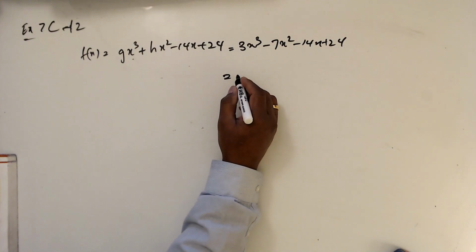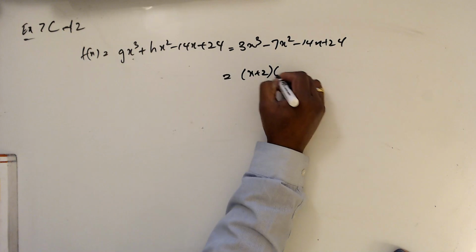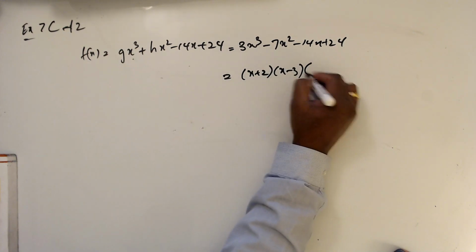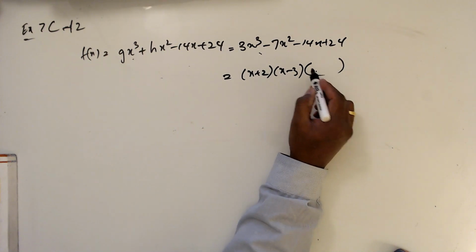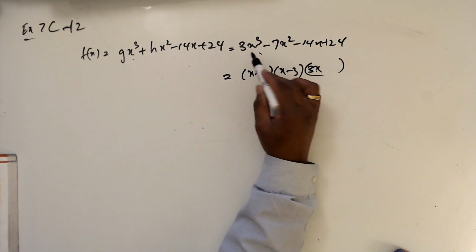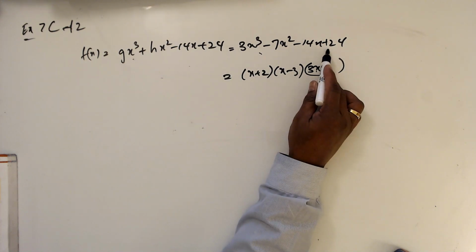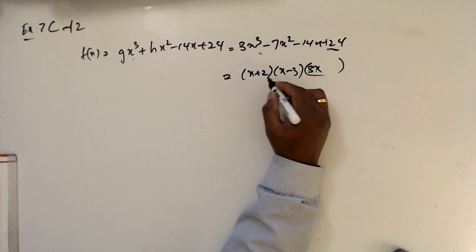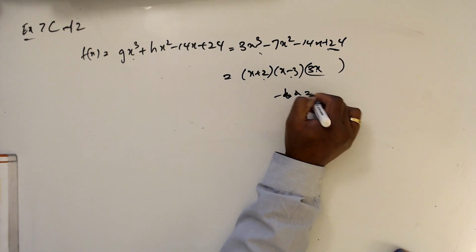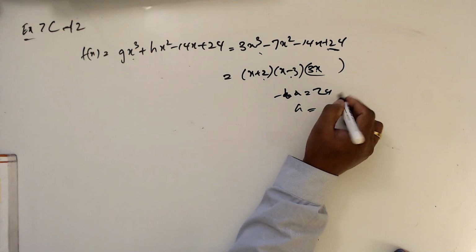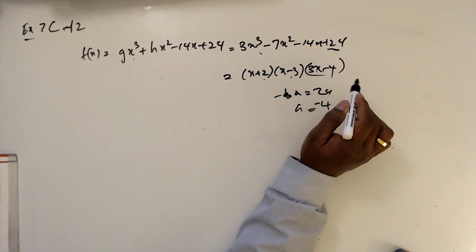Now this is equal to x plus 2, x minus 3 and another factor. You can guess this one by looking at it. So I'll guess 3x squared, because the other one has to be 24. 2 times minus 3 times a, minus 6a equal 24. a equal minus 4.